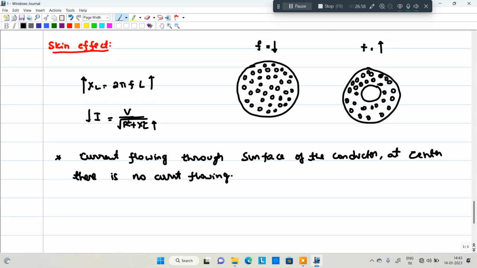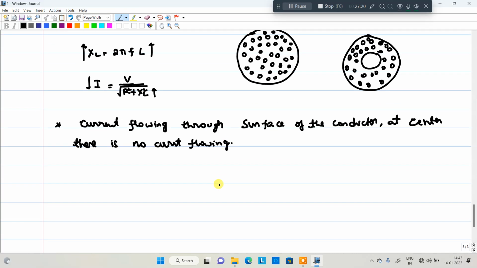In the examination they will ask what is meant by skin effect. The entire current flows through the surface of the conductor, and in the center part of the conductor the current flowing is 0. Now I will ask you one question: is this skin effect useful in the circuit or not? Not at all, because whenever you design the conductor, only some portion is used to transfer the current, and the material at the center of the conductor is wasted.